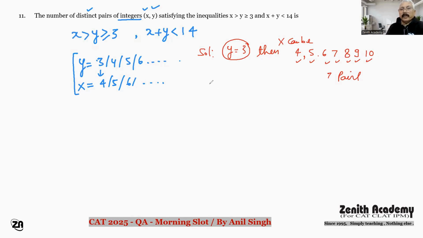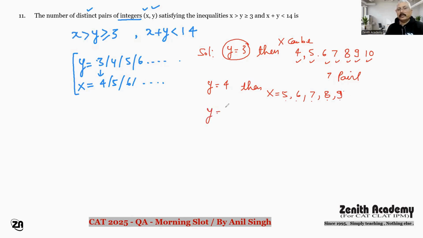In the second case, if I'm taking y equal to 4, then x can be 5, 5, 4, 9. 6, 4, 10, 7, 4, 11, 8, 4, 12, 9, 4, 13. This sum should be less than 14. So when you are taking y equal to 4, the possibilities are 1, 2, 3, 4, 5.